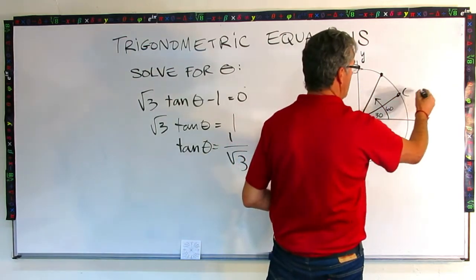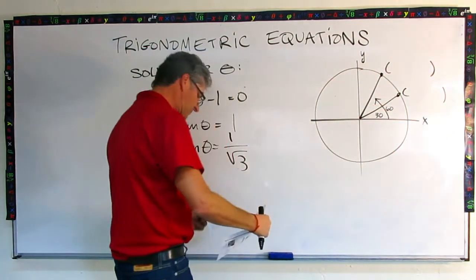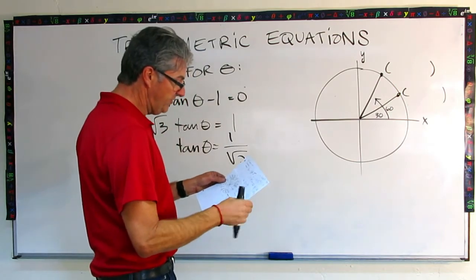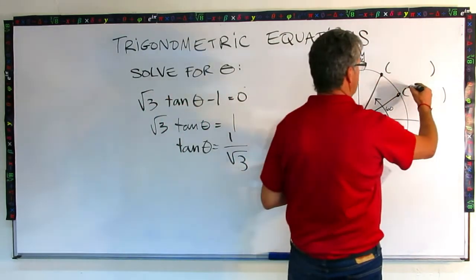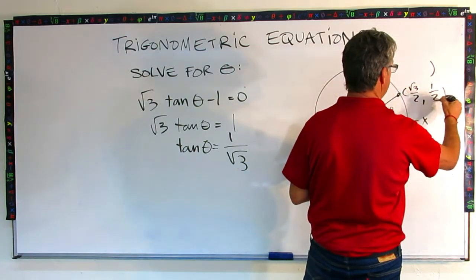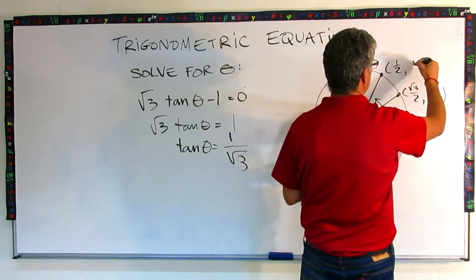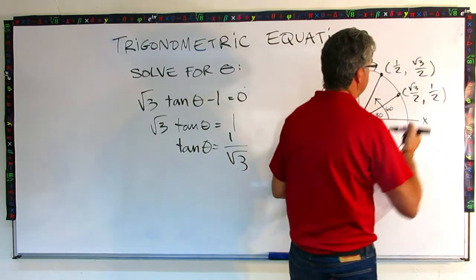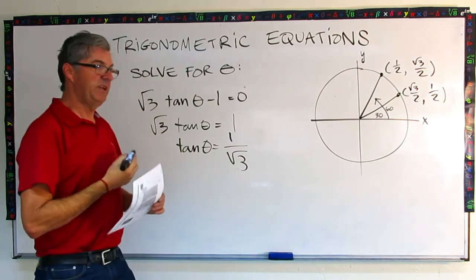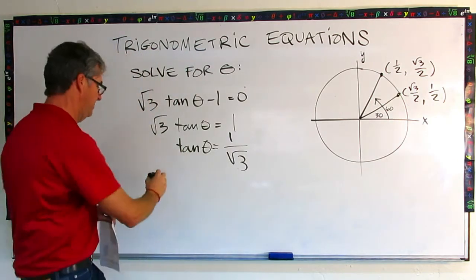So let's take a look at the points that are here, and the points that are there. So at 30 degrees, we have root 3 over 2, comma 1/2. And at 60 degrees, we have 1/2, comma root 3 over 2. Okay? So we're getting there. But we have to remember this.